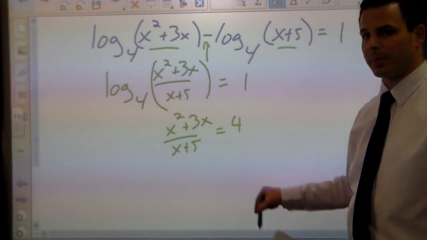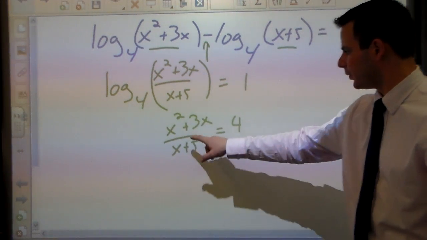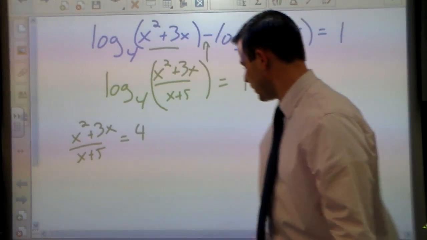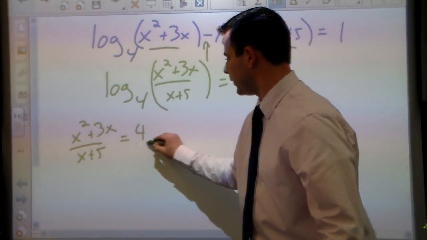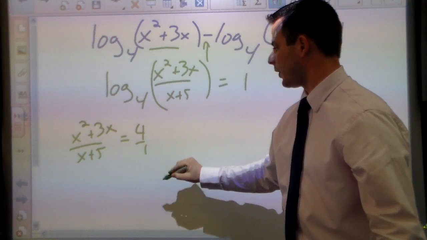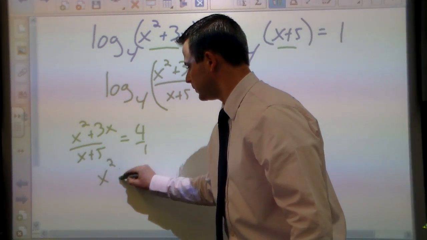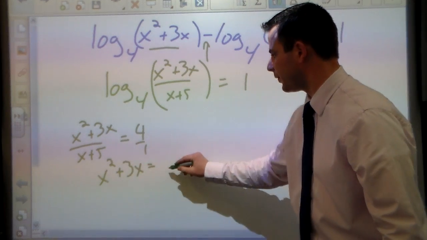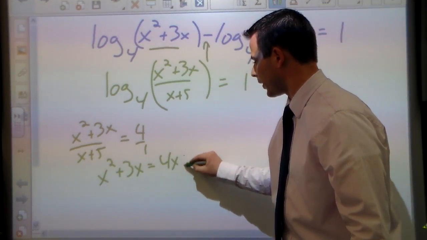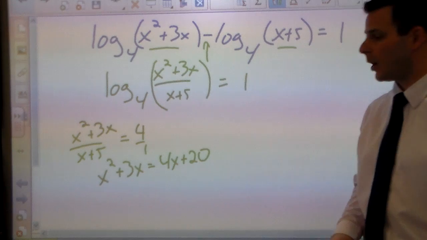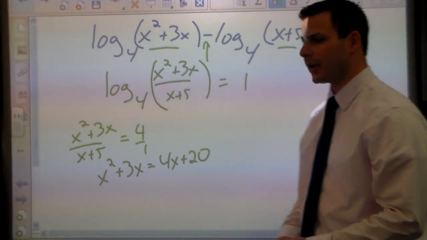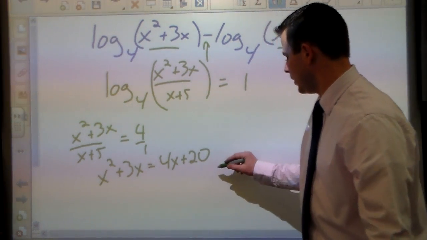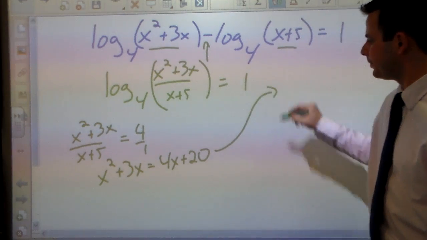So now I can cross multiply. I'm going to need a little more room here. This is over 1. X squared plus 3x times 1 is x squared plus 3x. And 4 times x plus 5 is 4x plus 20. So now we have a second degree equation. Let's get it into standard form.